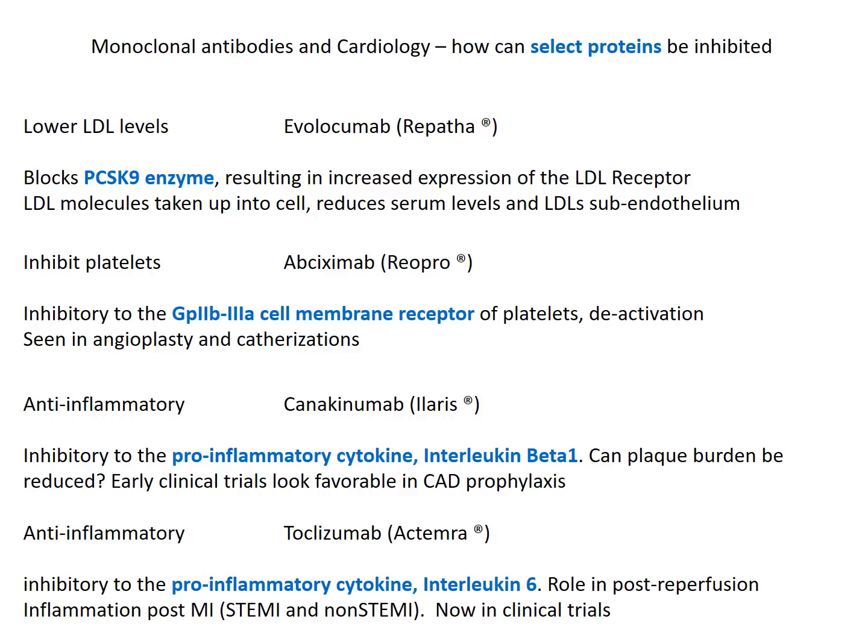Both of these may be beneficial in managing the inflammatory component of coronary artery disease, where the Ilaris clinical trials are looking at that in terms of prophylaxis, and Actemra clinical trials are looking at it in terms of post-MI inflammation.